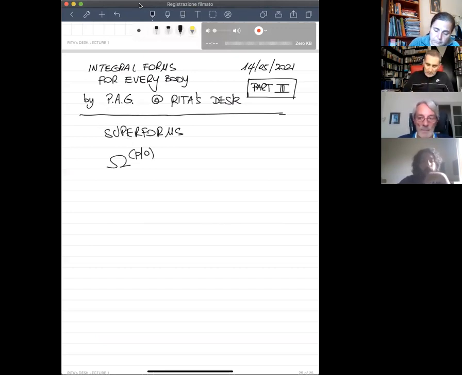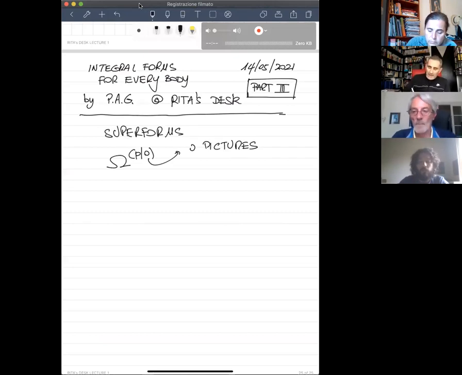So 0 means 0 pictures. In the language that I presented the last times, 0 pictures means no Dirac delta functions, and p is the form number. And as we have seen, the form number p could be any number greater or equal to 0, and the picture is 0 in this case.